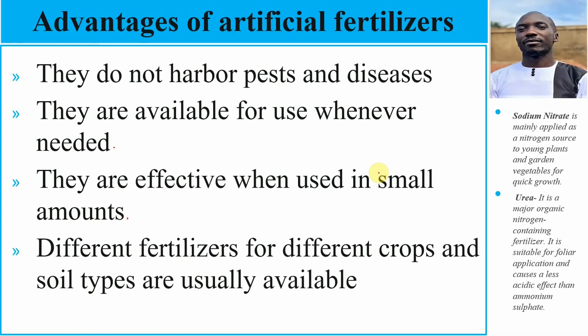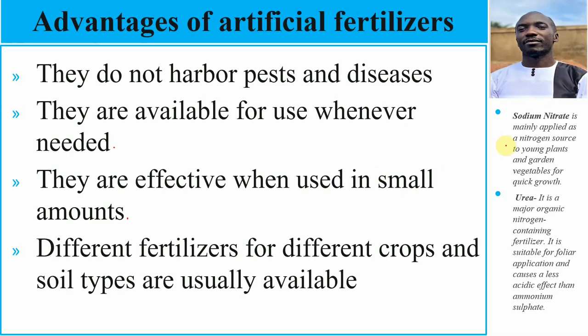Then another advantage is that different fertilizers for different crops and soil types are usually available. So you find that a certain crop, maybe coffee, needs a different fertilizer, but if you have planted, let's say beans, they also need a certain fertilizer. So they are produced in different types depending on the needs of the farmers.